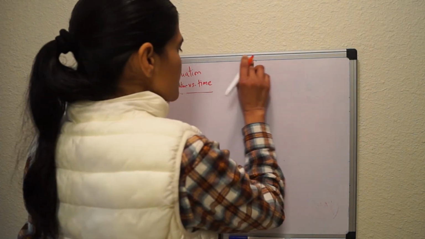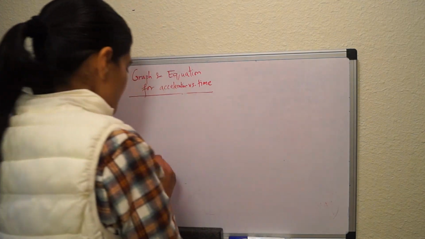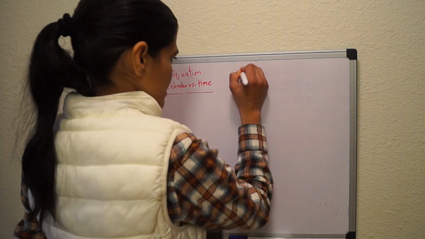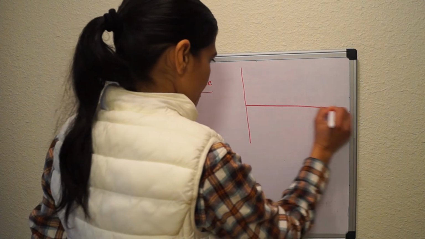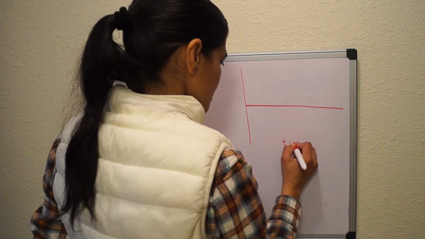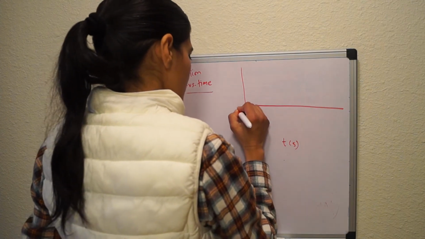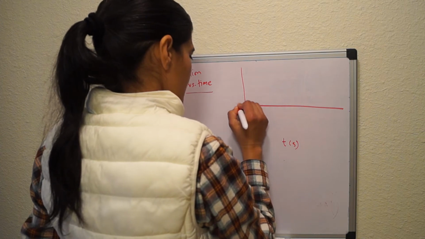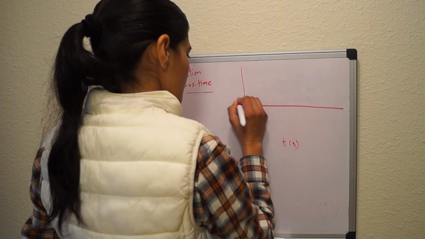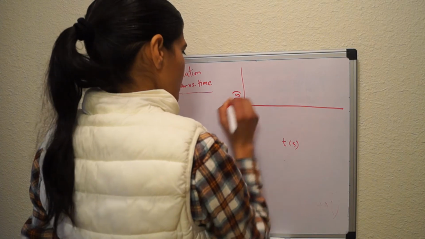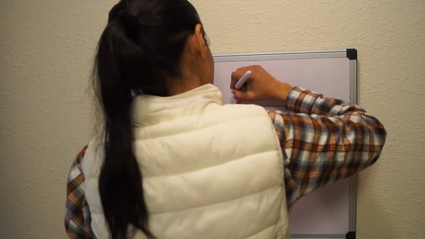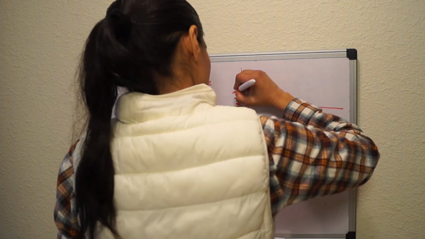Okay, so it turns out that the acceleration versus time graph looks like this. Time axis, acceleration, let us say in meters per second squared.